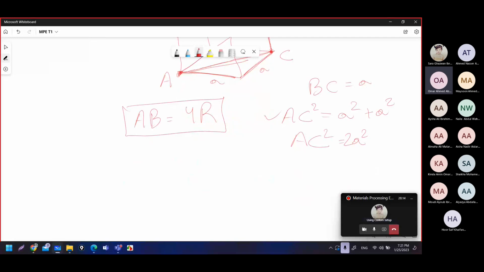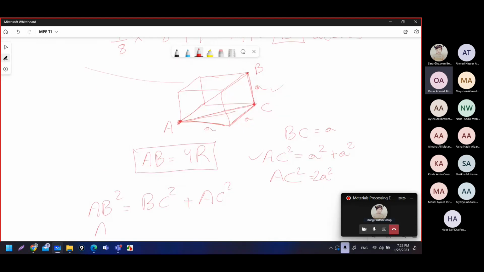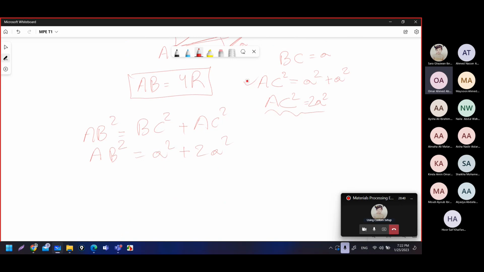So AB squared, by the Pythagorean theorem, will be BC squared plus AC squared. I know BC squared is A squared, and AC squared, which we obtained already, is 2A squared. So at the end, AB squared in terms of A is equal to 3A squared.